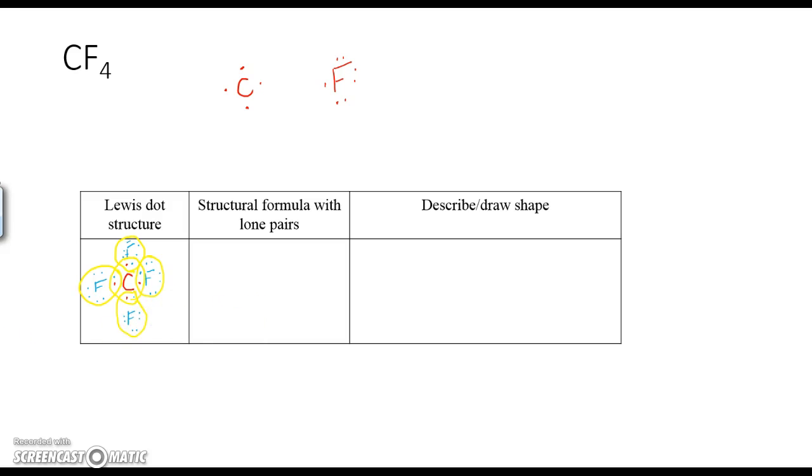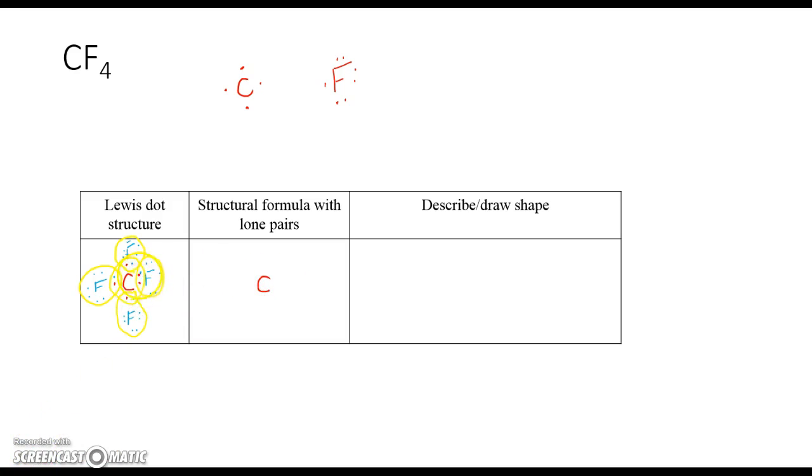So now let's rewrite that as a structural formula. In this case, we'll use red. Wherever you see these 2 dots, one from one atom and one from the other atom, we're going to create a dash. And so in this case, I have carbon.